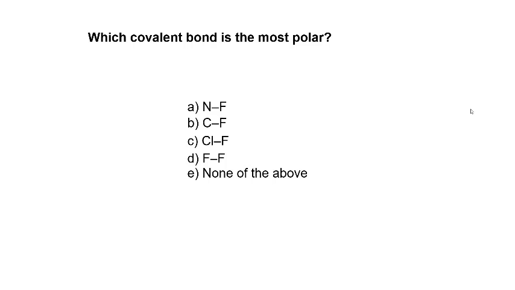If we take a look at our periodic table, we can see that the difference between carbon and fluorine is the largest among all of these atoms involved. Therefore, that large difference in electronegativity is going to give us our most polar bond. But in fact, A, B, and C are all going to be polar covalent bonds, even though C-F is the most polar, whereas F2 is going to be nonpolar covalent.